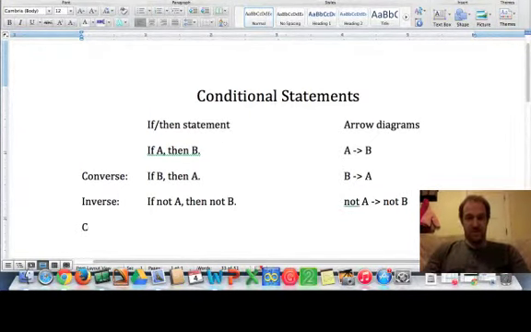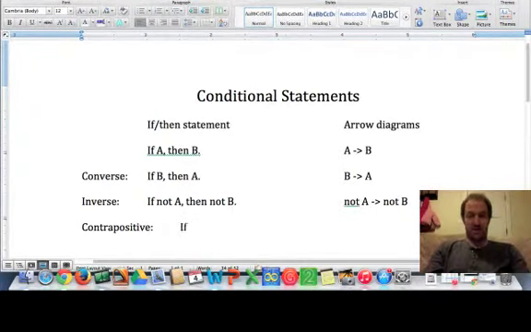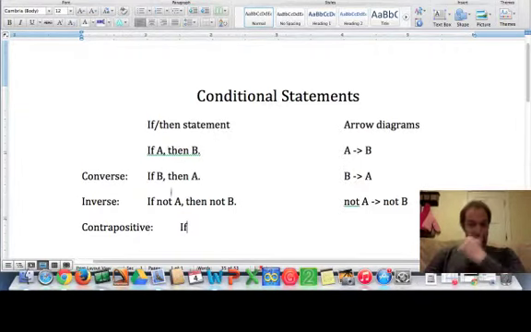And you may have noticed that there is one more, and that is the contrapositive. The contrapositive does a combination of the converse and the inverse. It not only switches them around, but it also puts the nots in there as well. So we're always looking from our original statement, if A, then B. The contrapositive switches the A and the B around and puts nots in front of them.